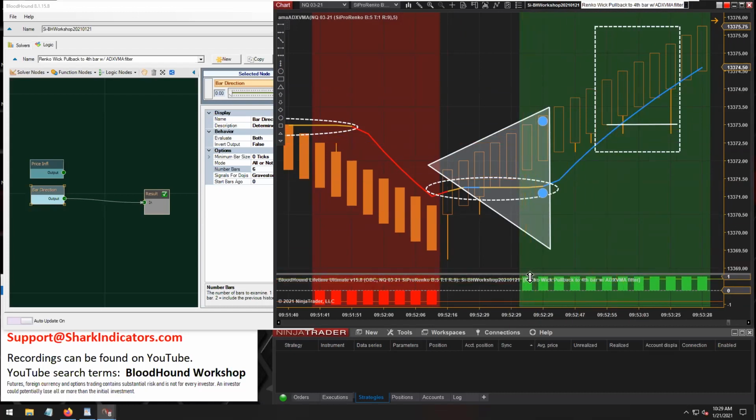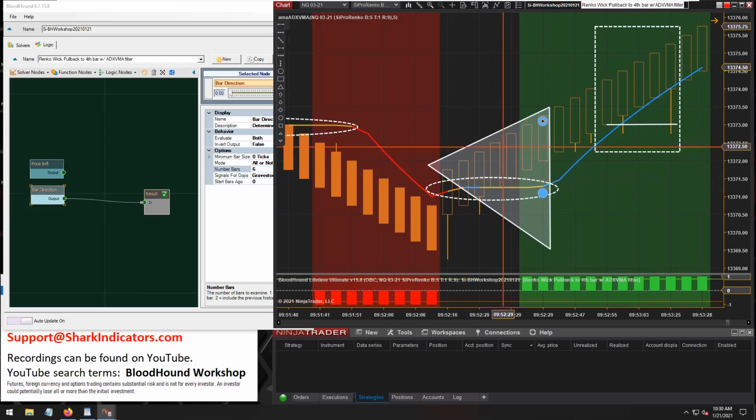Up bars are going to have long output, down bars are going to have a short output. But if you remember where our little dots are, that is the first bar where a signal is allowed. However, this system here is a little unique, so we have to think a little differently for this.